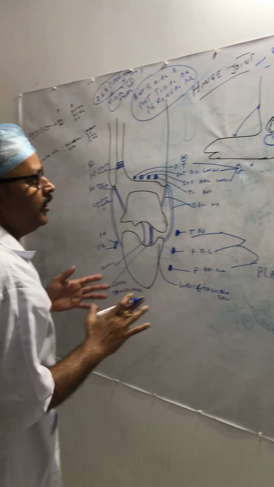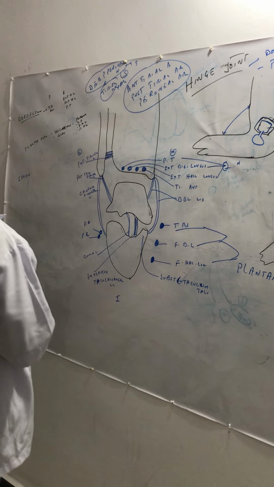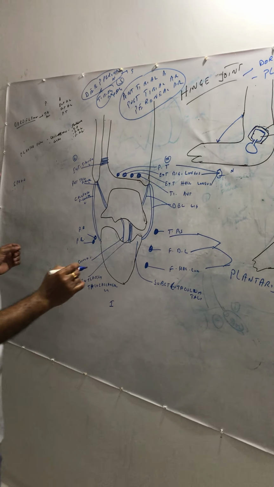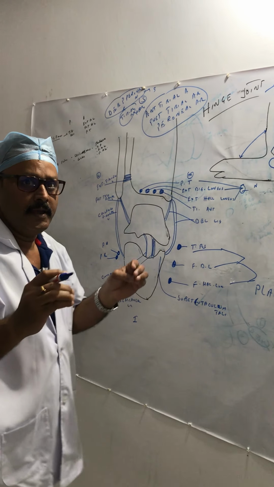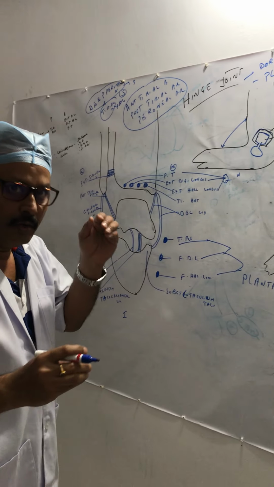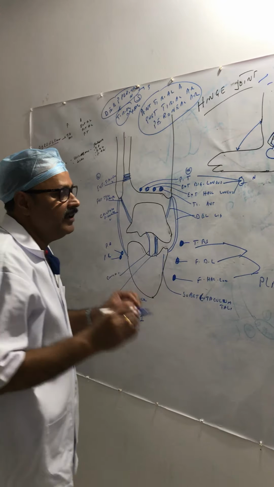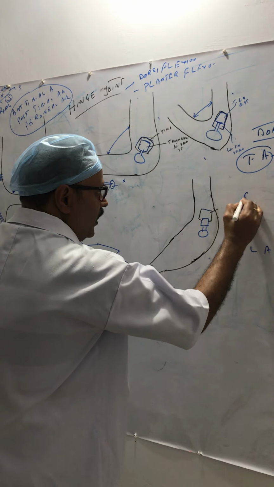Now we talk about the applied anatomy of the ankle joint. Number one, the most common part of our entire limb that suffers from sprain is the ankle joint.